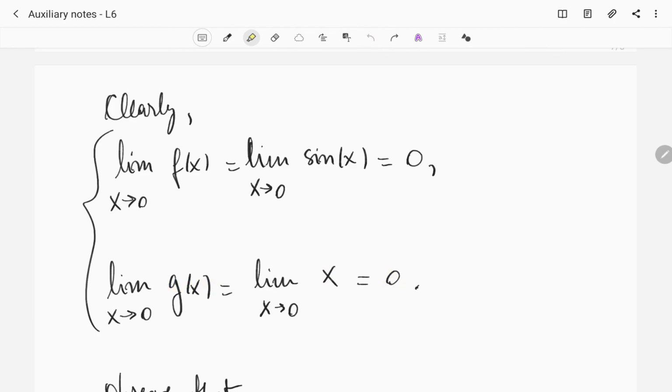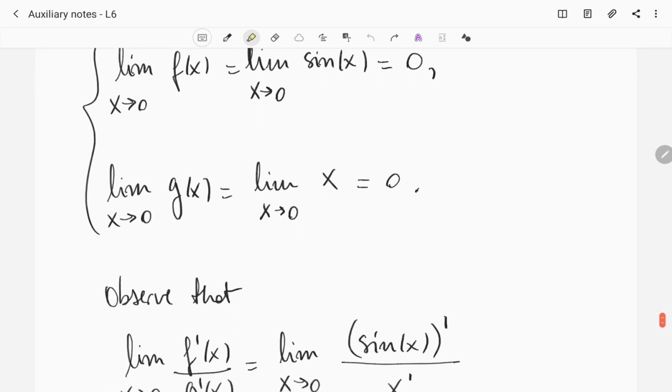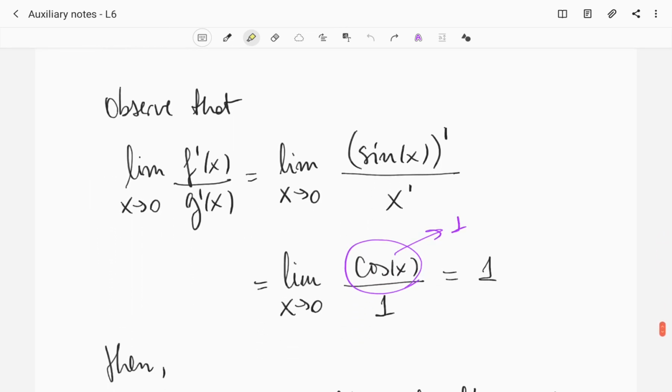So we are under the assumptions of this rule. So we can compute this auxiliary limit, not the original one, with the derivatives of f and g. When we differentiate sine of x, we get cosine of x, and when we differentiate x, we get this 1 here. And this limit exists because when x goes to 0, cosine goes to 1, and 1 is just the fixed number 1. So this limit takes the value 1.